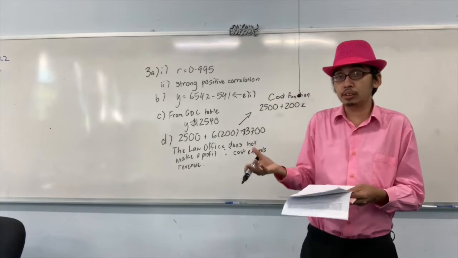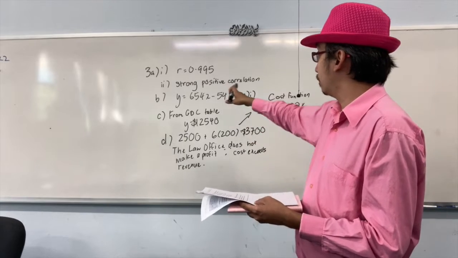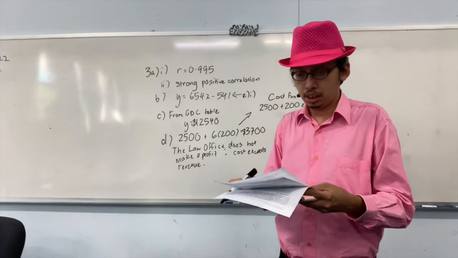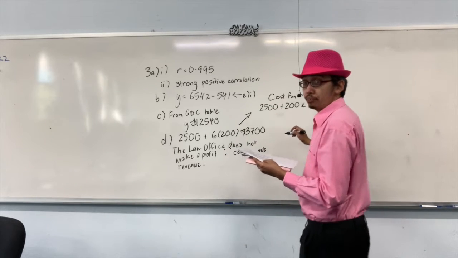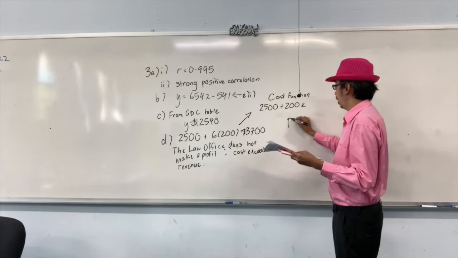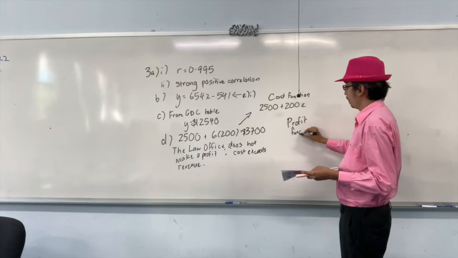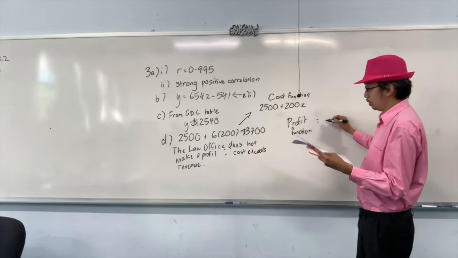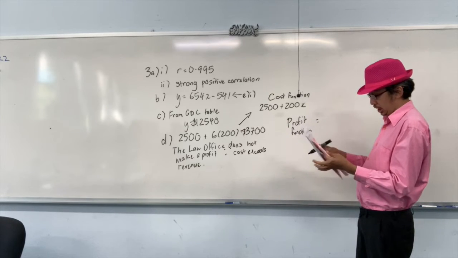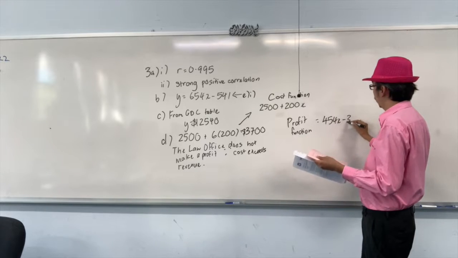Usually we take revenue subtract the cost because we want the profit to be a positive number. Let's write down the profit function as P(x). Your final answer will be 454x minus 3041.